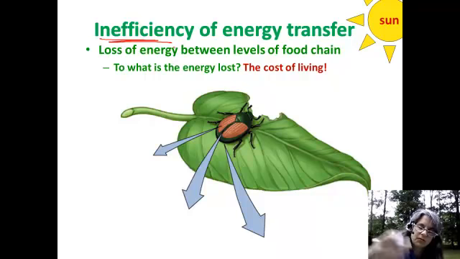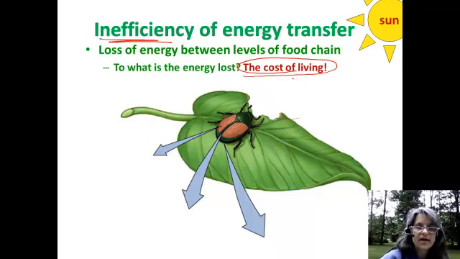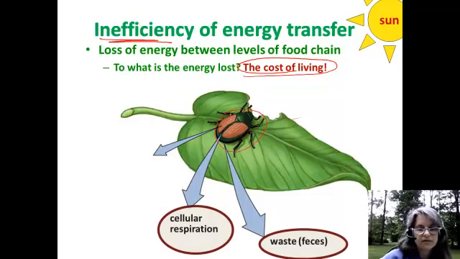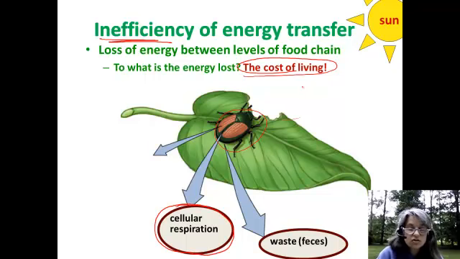There is loss from one trophic level to the next. Why? Well, because it's not free to live. Animals have to use energy just to live. So, this bug that is munching on this leaf, okay, he is going to use the energy he gets from this leaf to do his own life processes: cellular respiration, the using of food to get energy to do stuff, okay?